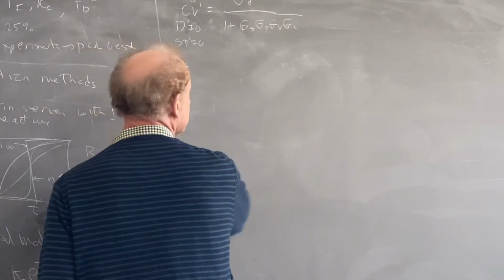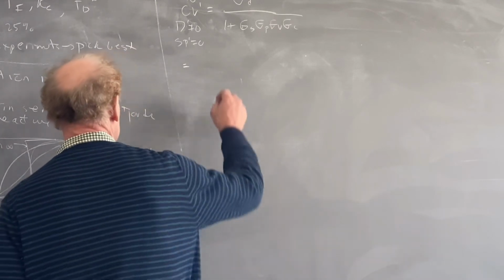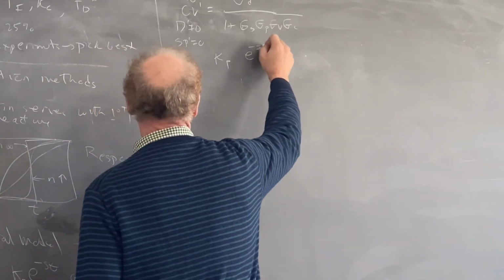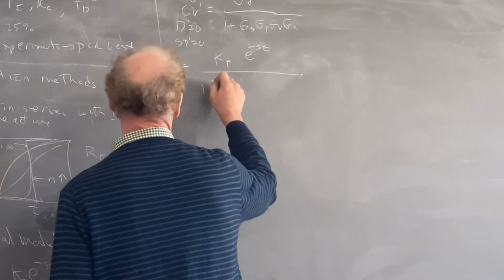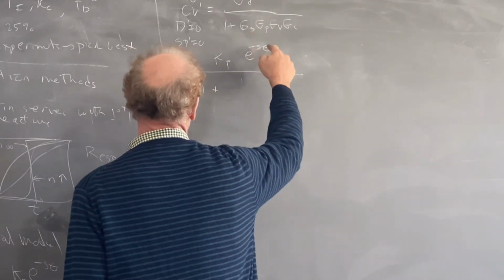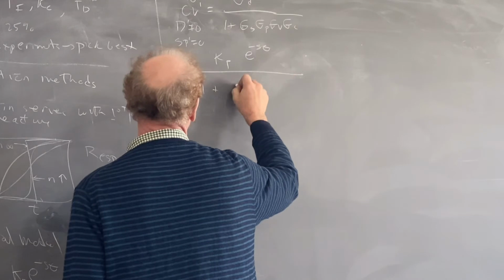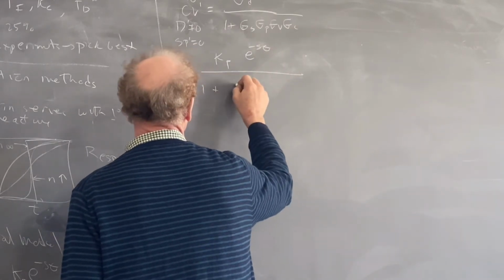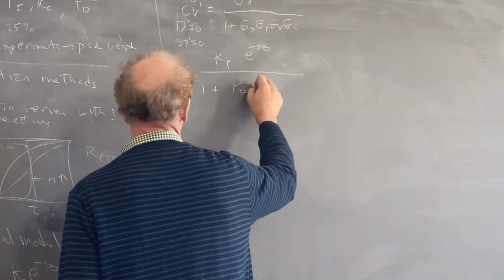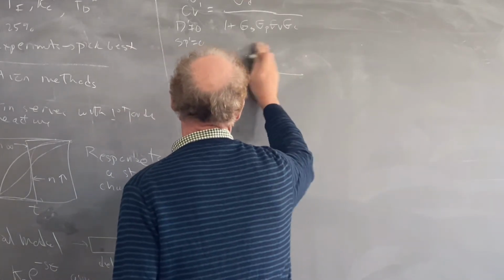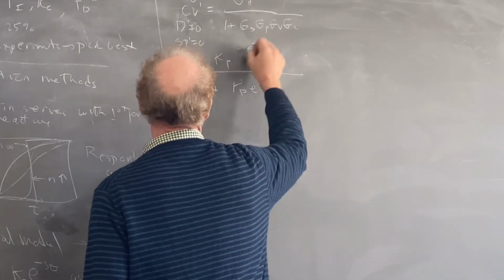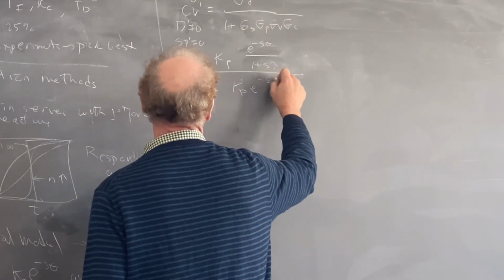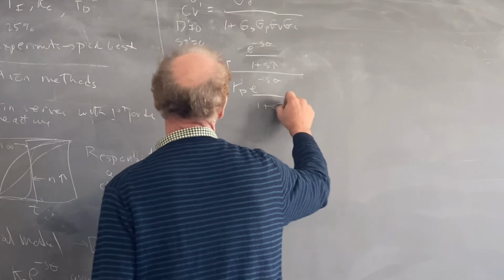So this is equal to GD, which is KP e to the minus S theta over 1 plus S tau, over 1 plus GS is 1, GV is 1, GP, and GC. GP is KP e to the minus S theta over 1 plus S tau.